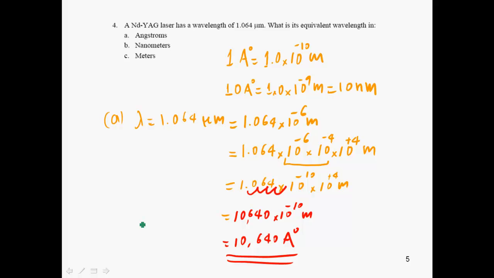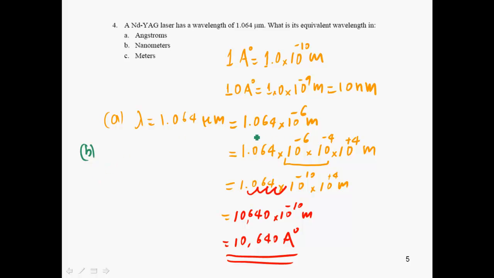But I'm showing you here mathematically how you would do it to the nth detail, so you make sure that you will never go wrong. If you are confident that you remember your powers of 10, then you can do it in a faster way.